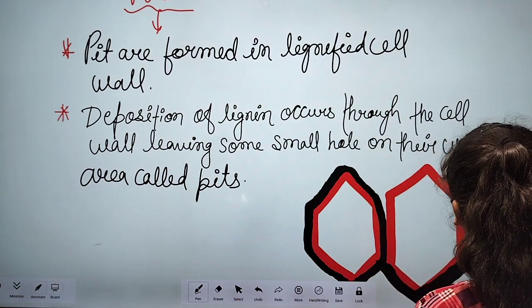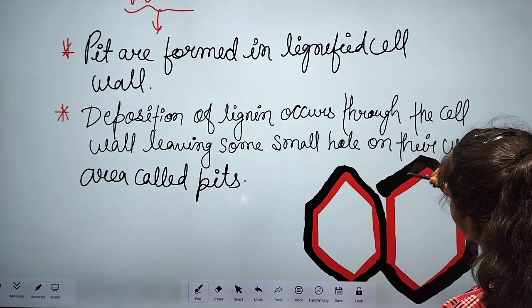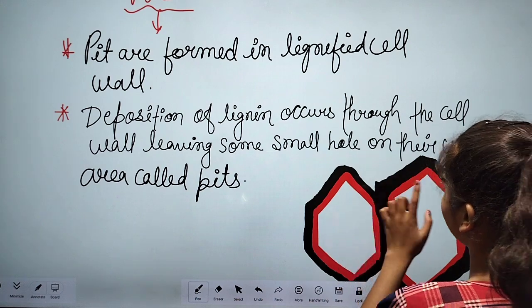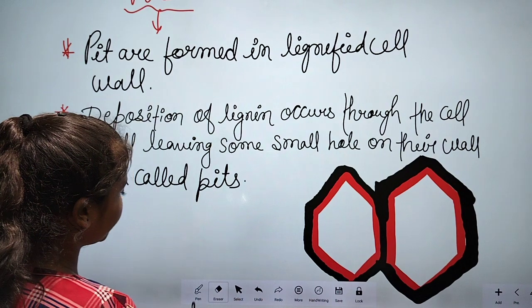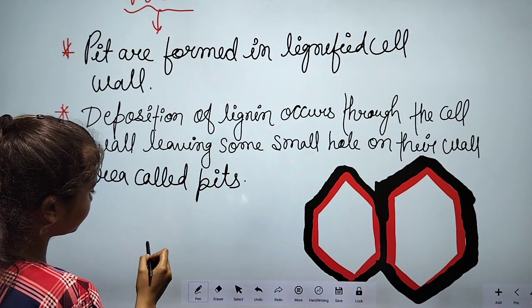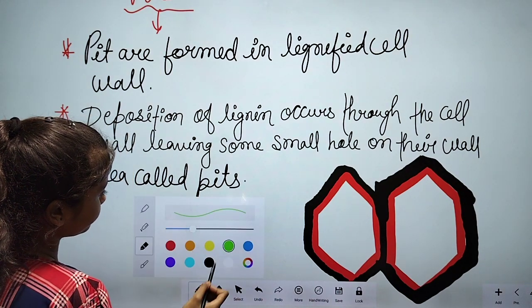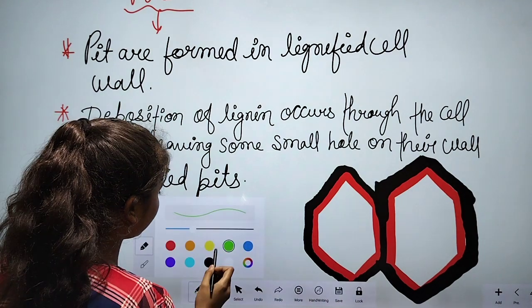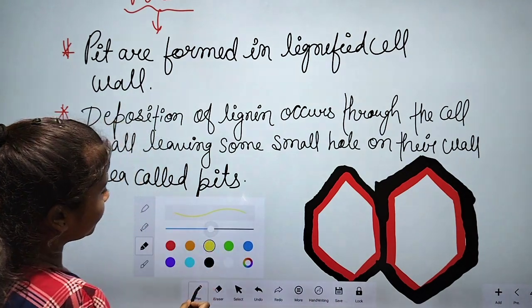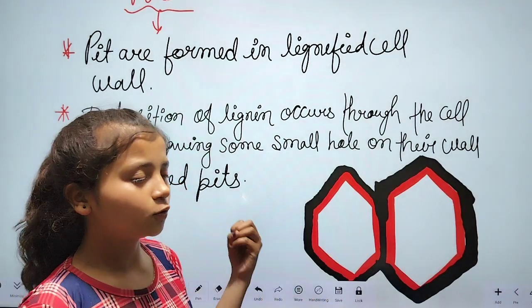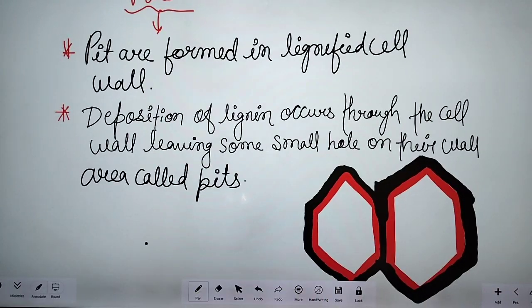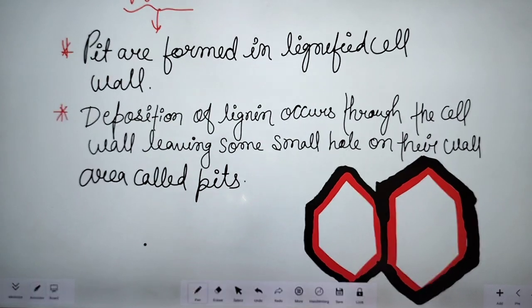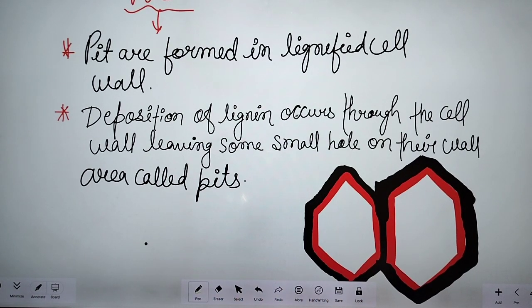So how will the material pass from this cell to this cell? One thing is found, that is due to decomposition, like with any reason.